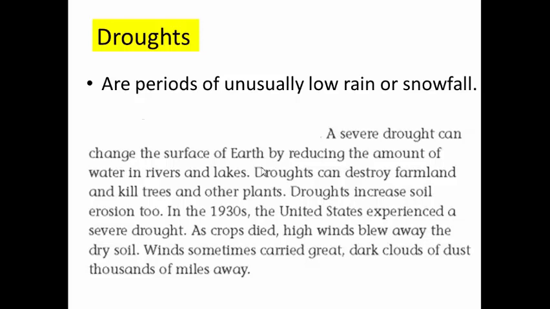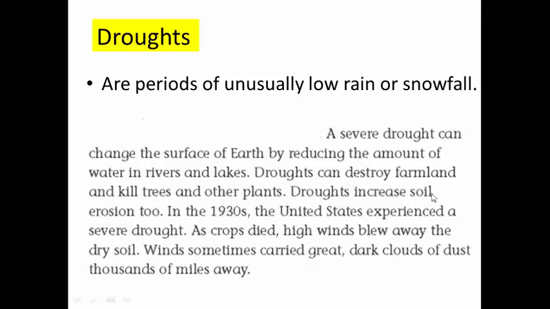But here, it is by reducing the amount of water. We know that drought means no water, so we reduce the amount of rivers and lakes. Drought can destroy farmlands, actually no water, no farmlands, and kill trees and other plants because there is no water.